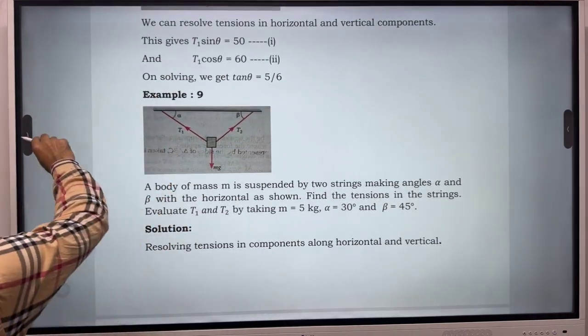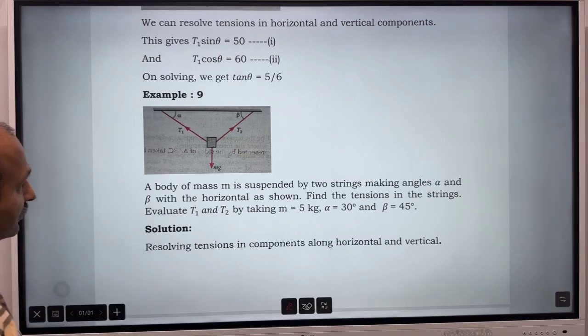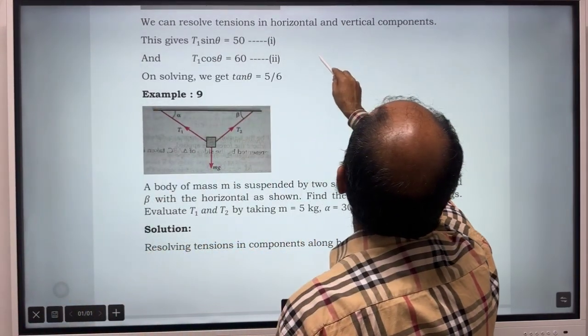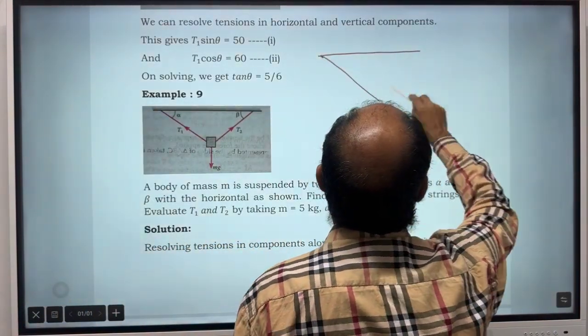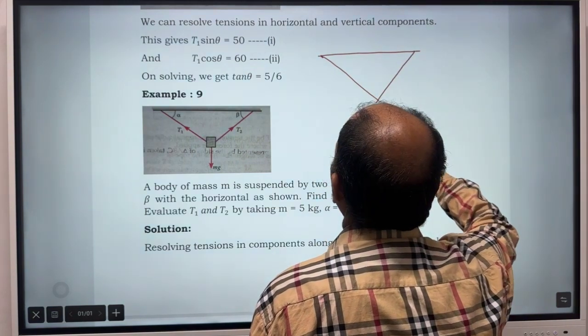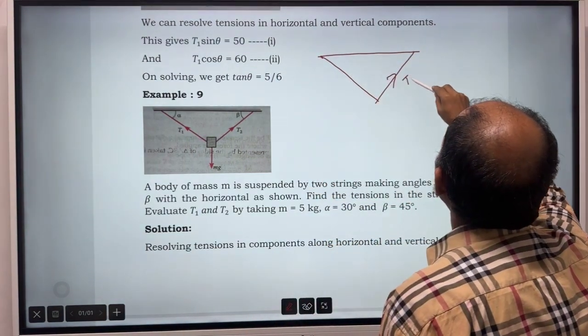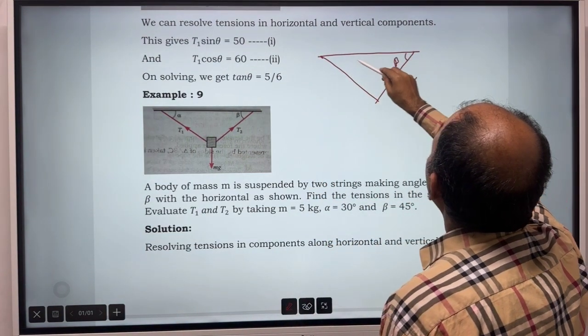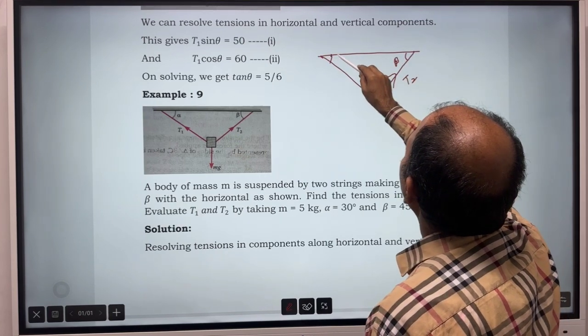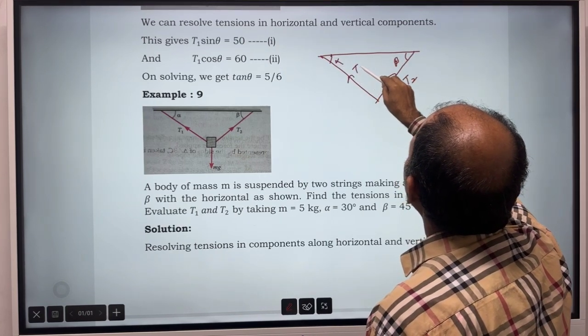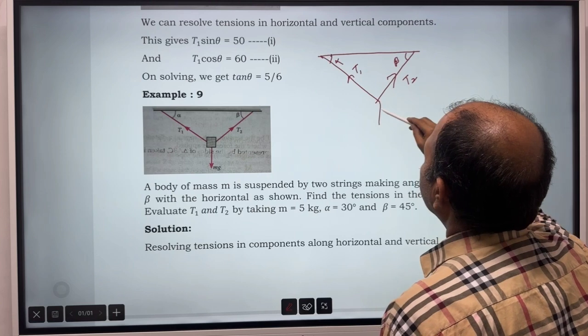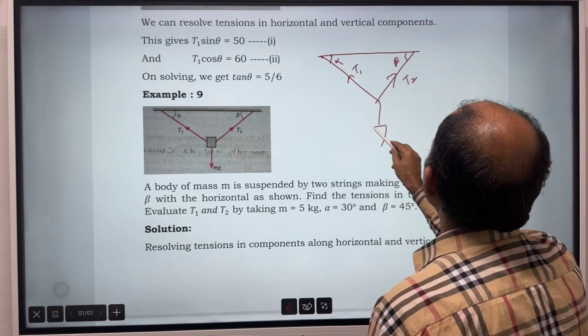Now, another question you can see here. This is, say, tension is T2, angle is beta, and here this angle is alpha, say tension is T1. And now there is one weight here. Suppose weight is mg.